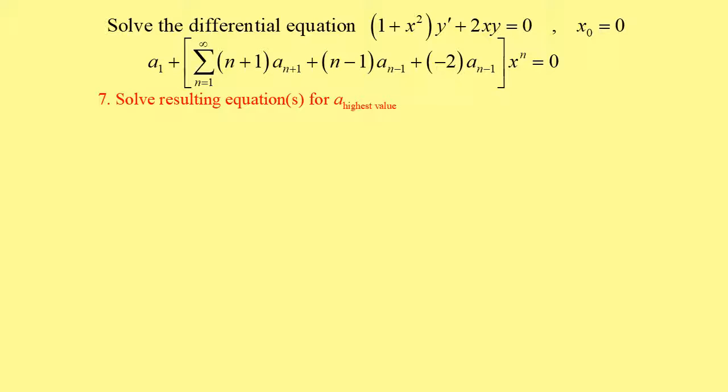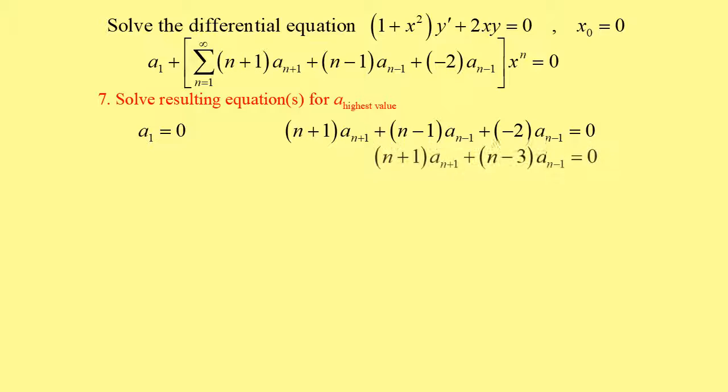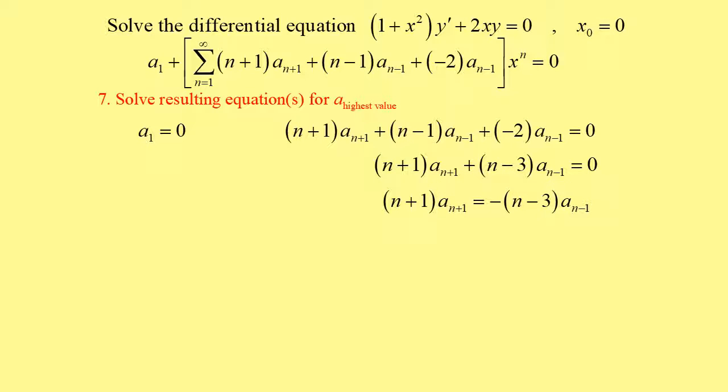So now in this equation, we know that for the left-hand side to be equal to 0, the a sub 1 has to be 0, and also the coefficient of x to the n has to be 0. Now we want to solve the right-hand side for the highest subscript of a, which in this case would be a sub n plus 1. So let's do that.